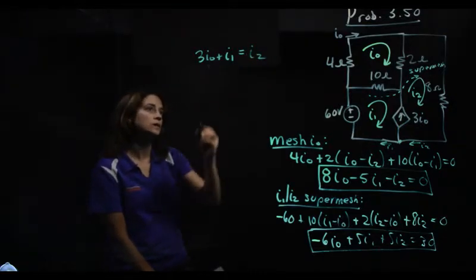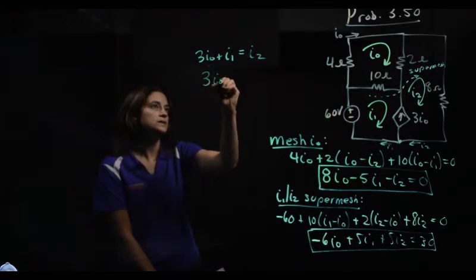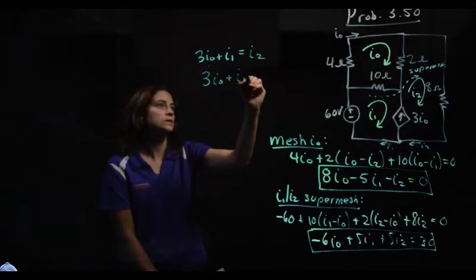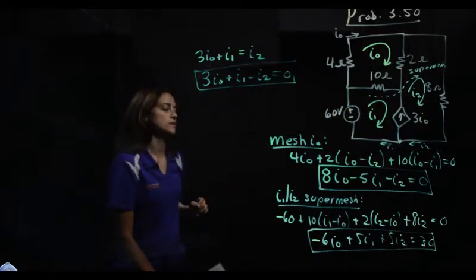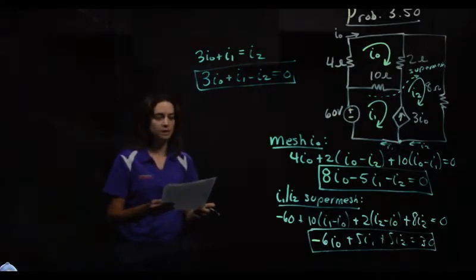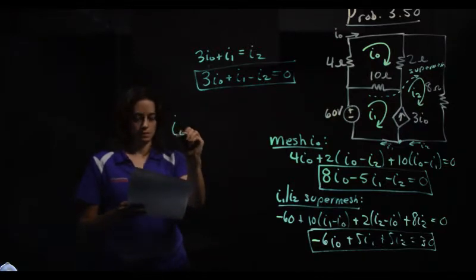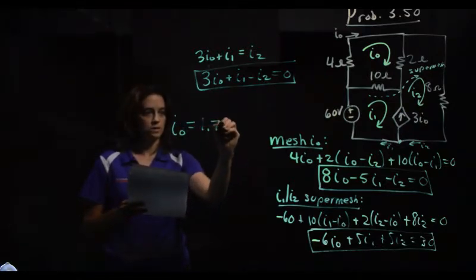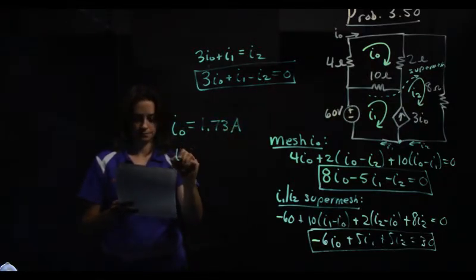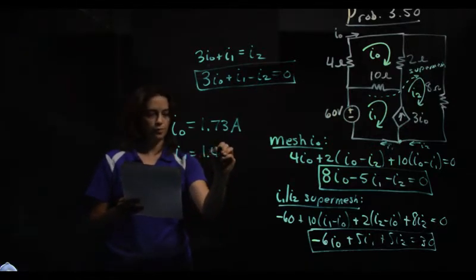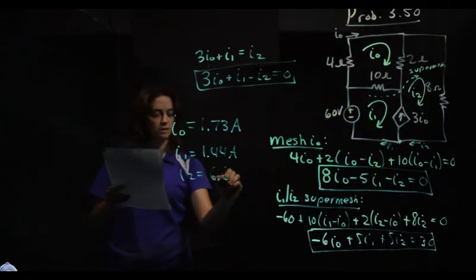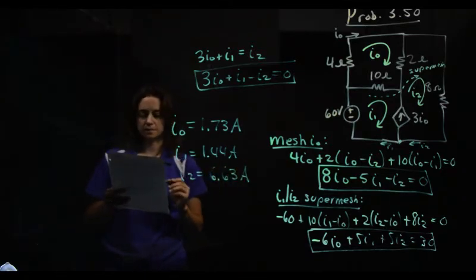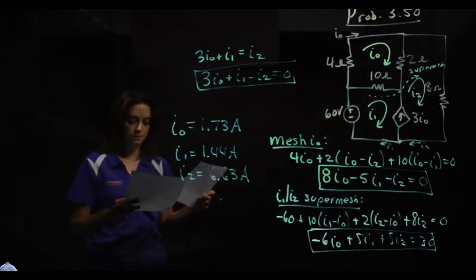So I can write that as 3 I0 plus I1 minus I2 equals 0. There's my 3 equations and my 3 unknowns. And if I solve those, I0 is 1.73 amps, I1 is 1.44 amps, I2 is 6.63 amps. And this will conclude chapter 3.